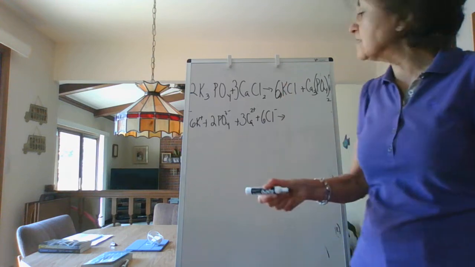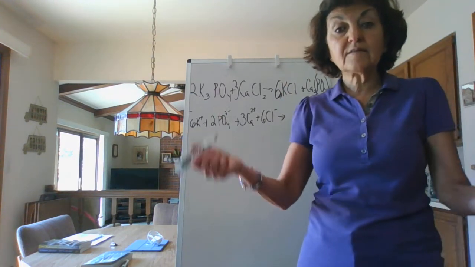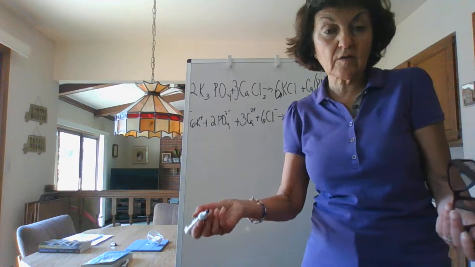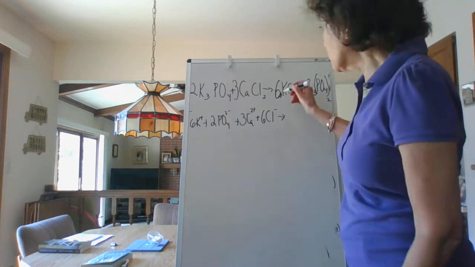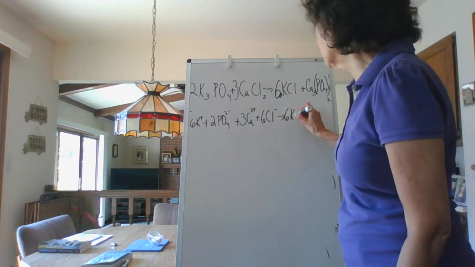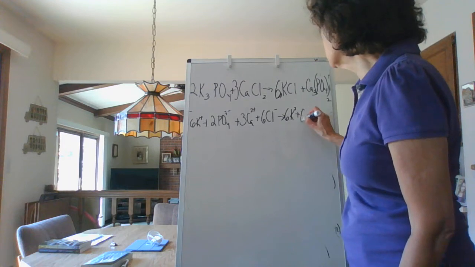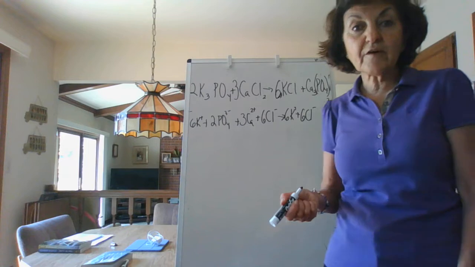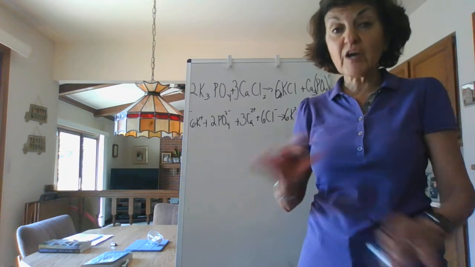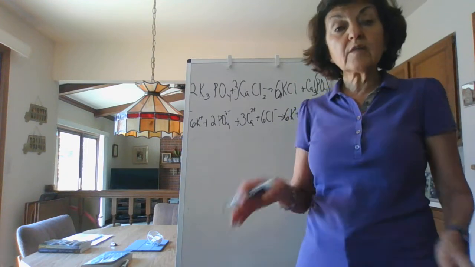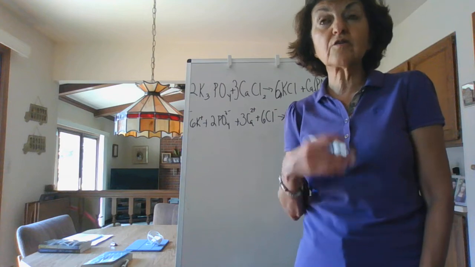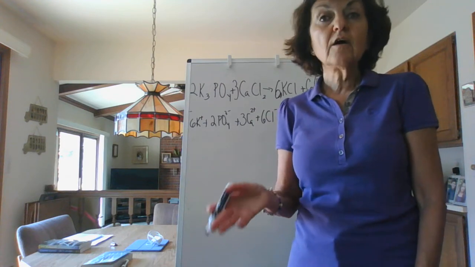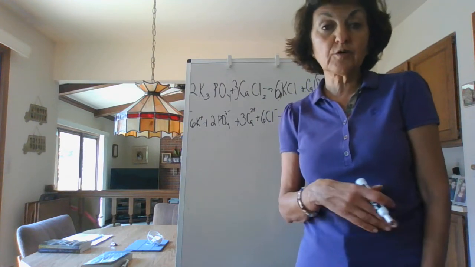Now, potassium chloride, group 1A, definitely break it apart. It's a soluble salt. It's a strong electrolyte. So 6K+ plus 6Cl-. Now, calcium phosphate. Phosphates are very insoluble. The only exceptions to the insolubility of phosphates are if the phosphates are hooked up to a group 1A.